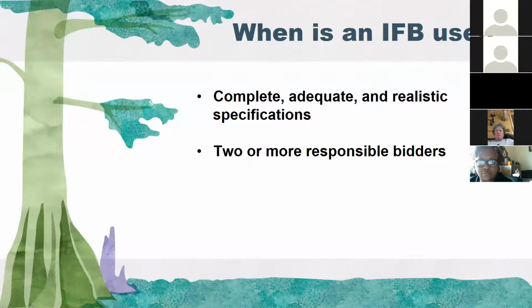An IFB is used when there is a complete set of specifications of products and services, there are two or more responsible bidders willing to respond, and a firm fixed price is awarded.